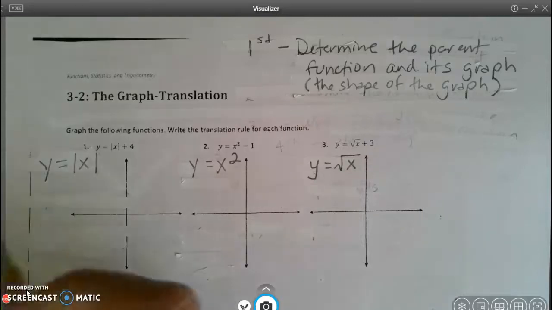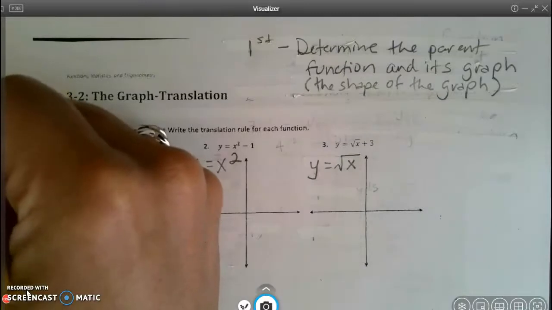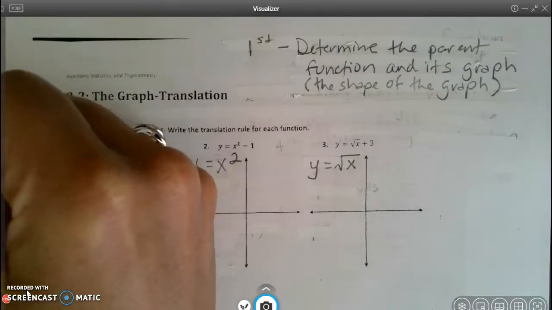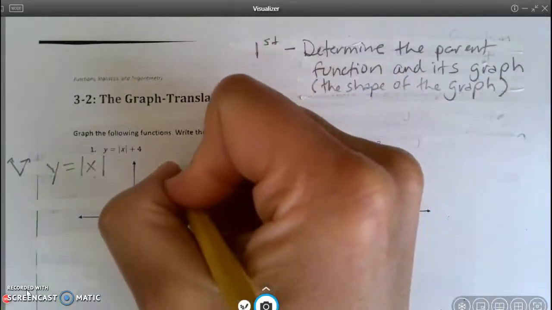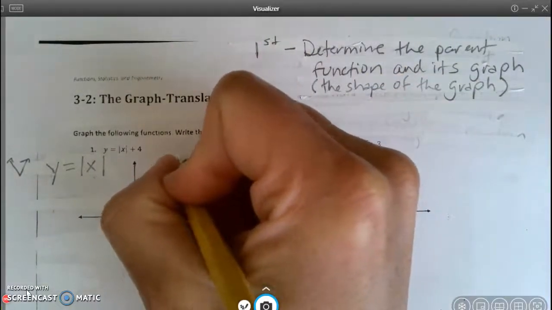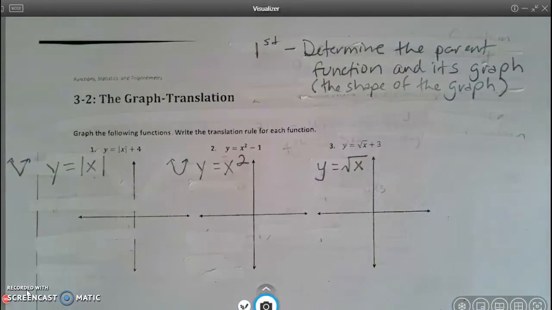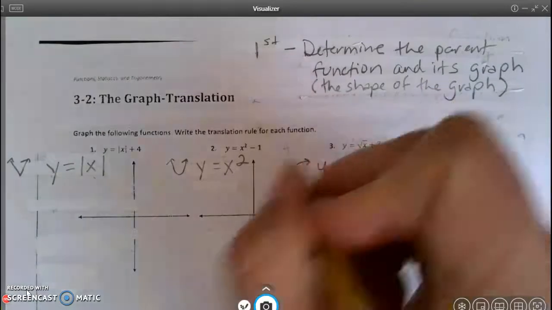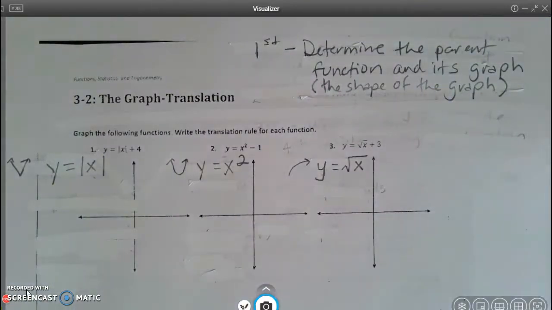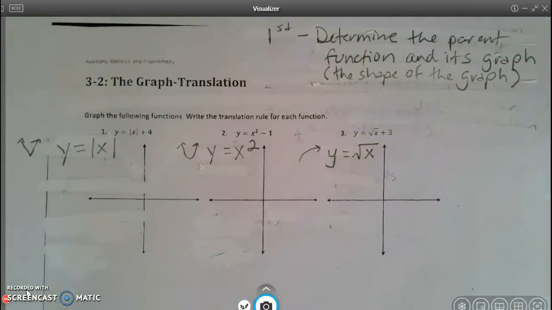So y equals the absolute value of x, I know, is V-shaped. I'll just draw a little V shape over here off to the side. That's going to be a V-shaped graph. Y equals x squared is going to be a U-shaped graph. And y equals the square root of x is going to be a curve that's just in that one quadrant there. Okay? All right, let's come down to these.